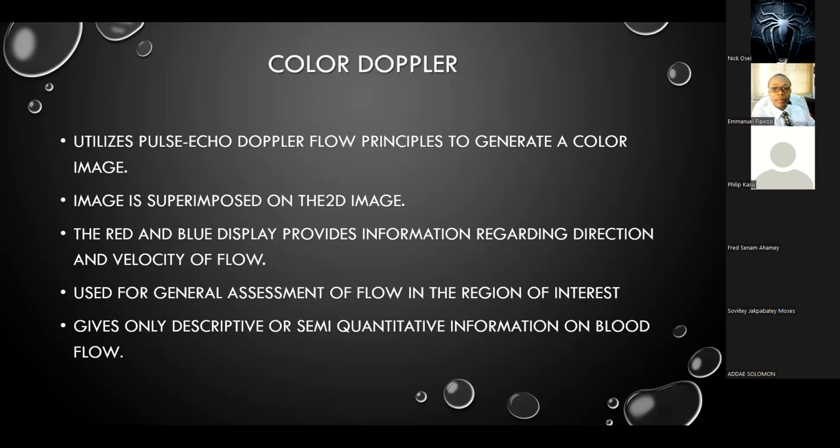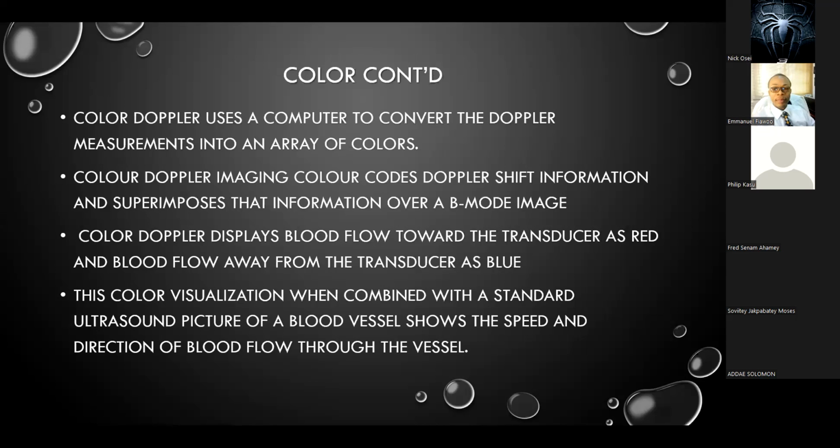It also uses the speed of flow and rate of flow to calculate that. So the main thing about color Doppler is that it's used to assess the flow, velocity, and direction. Basically, it uses a computer to convert the measurement into an array of colors.